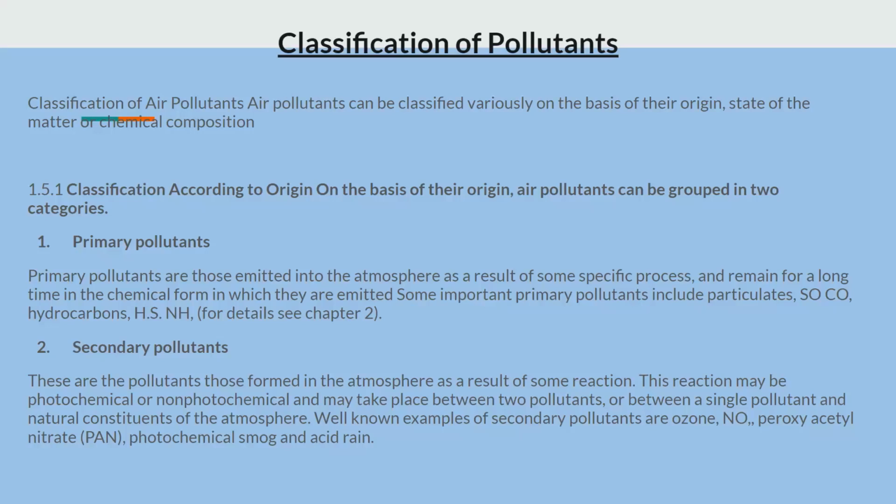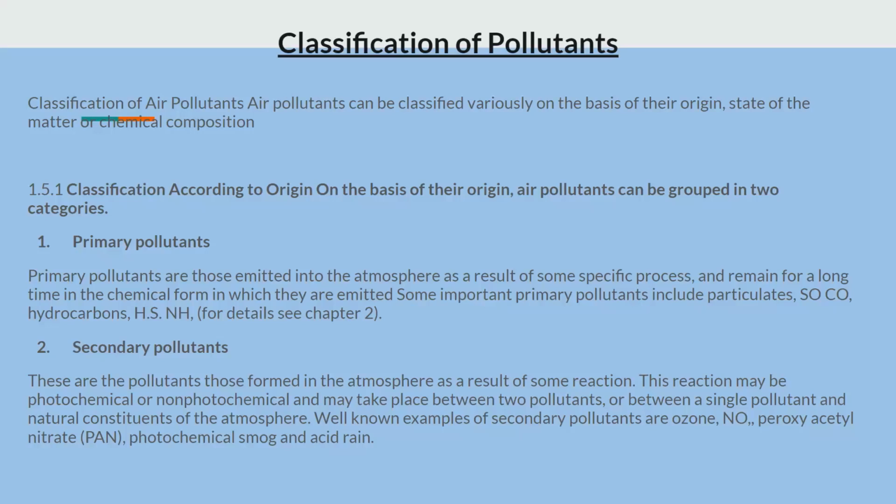Okay, then from the primary pollutants, there are some photochemical reactions occurring in the atmosphere, and from these photochemical reactions some of the pollutants react with each other and make some harmful gases or harmful pollutants. Okay, these are the pollutants that are formed in the atmosphere as a result of some reaction.